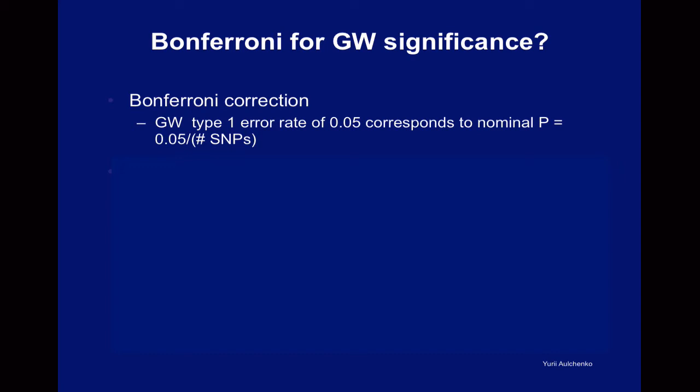But there is a certain problem with the Bonferroni correction when you think in the context of genome-wide association scans, and I would like to ask you a question: why using Bonferroni correction may be not that good idea for genome-wide association scans.